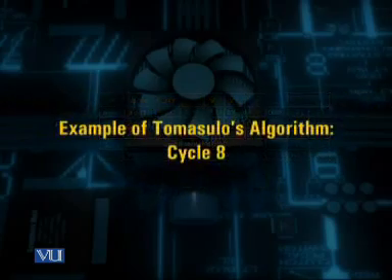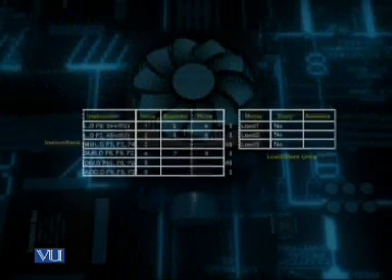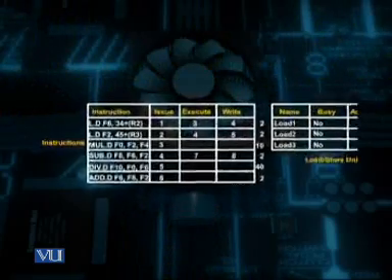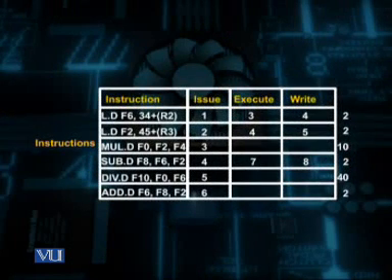Then in clock cycle 8, the subtract instruction has completed the execution and written its result into the destination register, so the integer units are now available. They are not busy, whereas the multiply instruction still has to wait for 7 clock cycles to complete.